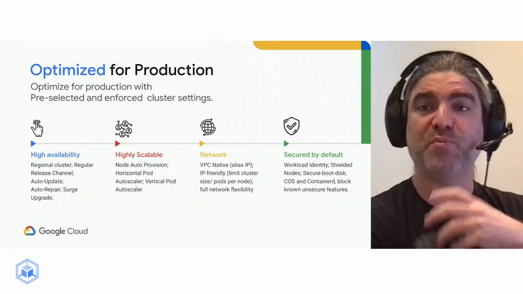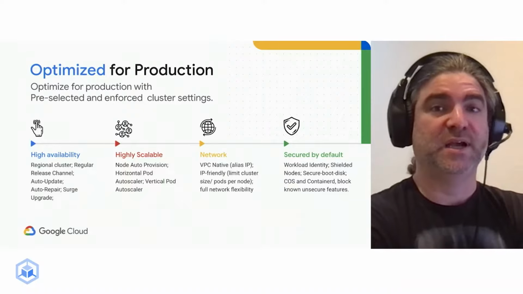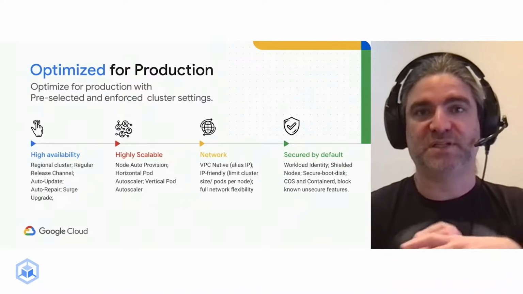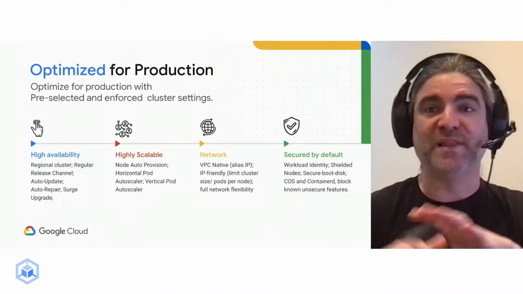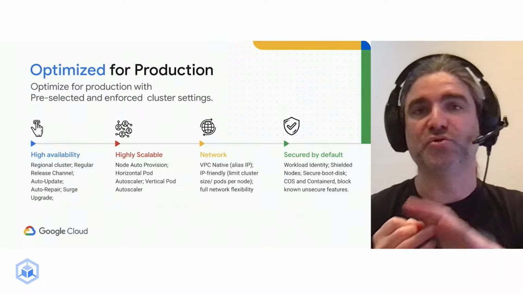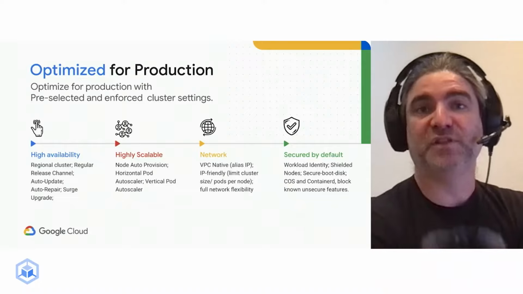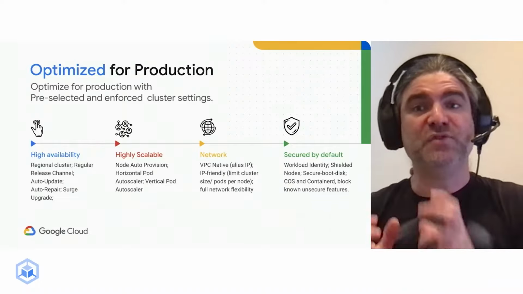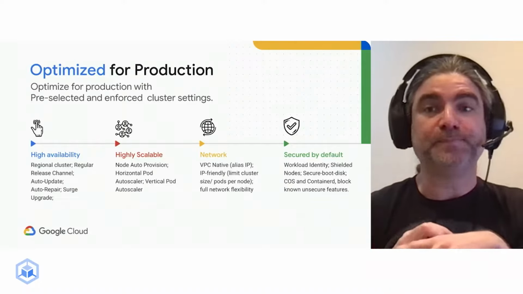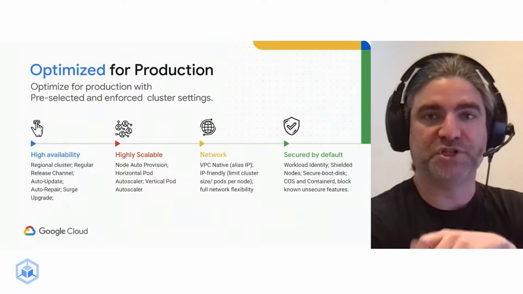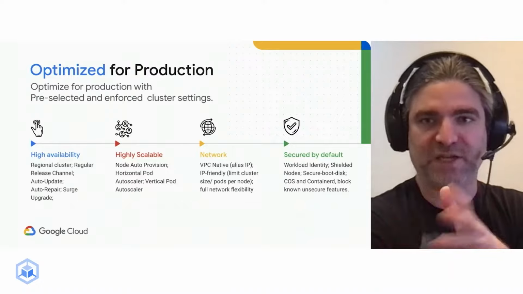Autopilot allows you to embrace Kubernetes and simplify all the operations and everything related to cluster lifetime management, letting Autopilot manage the cluster infrastructure, control plane, node pools, nodes obviously, and everything associated with that. The end result is an optimized and production-ready cluster with pre-enforced configuration that Autopilot manages for you.